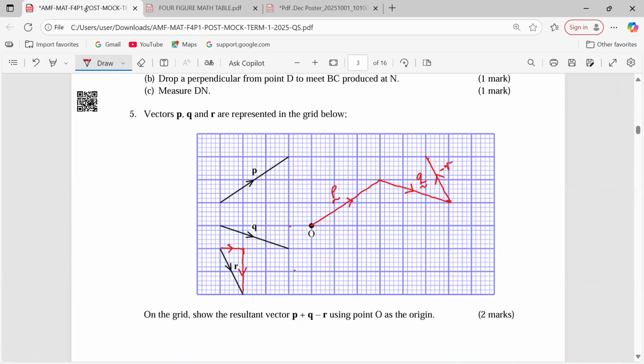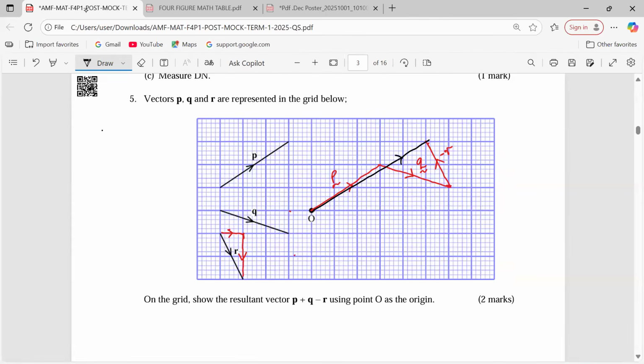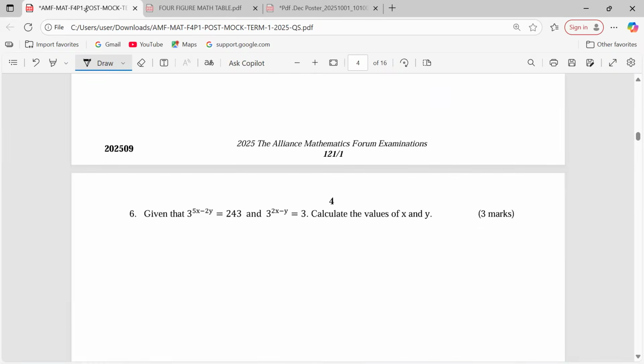R in the opposite direction. That way. So now the resultant vector is here. Let me use black to show you the resultant vector, from where we started to where we are ending. That is now the resultant vector. Like that.